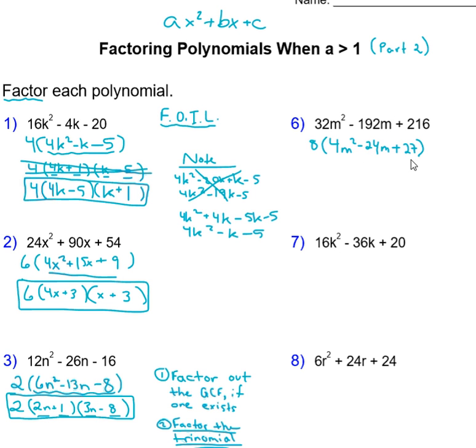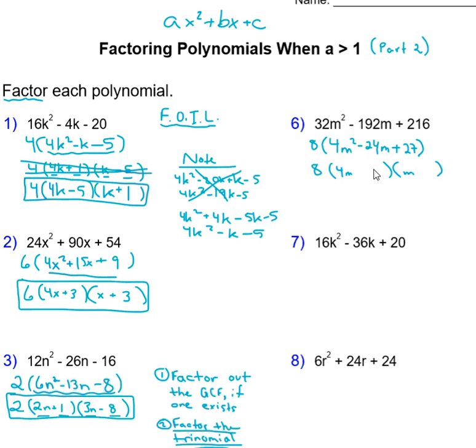Alright, so now I've got my trinomial that I'm going to factor. So I have 8 times 2 binomials. The first two have to multiply to 4m squared, and the last two to 27. So I'm going to try, let's go with a 4m here and a single m here, because that multiplies to 4m squared. Two numbers that multiply to 27. Oh, there's going to be a lot of possibilities here.